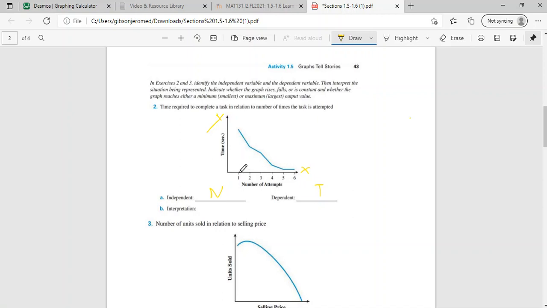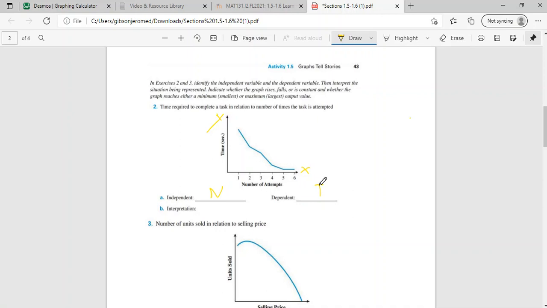We have attempts 1 through 6. And as we go higher with the attempts, it looks as though it's taking us less time. So basically, this is telling us that the time required to complete the task decreases as the number of attempts increases.